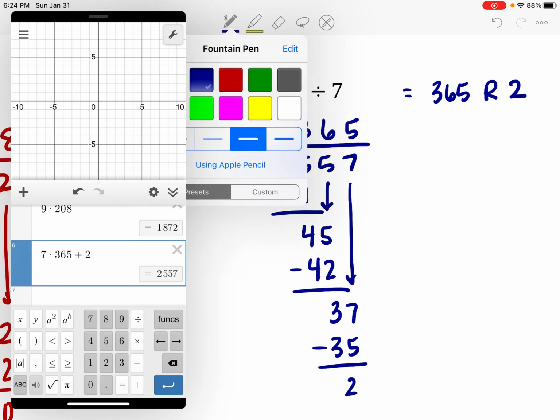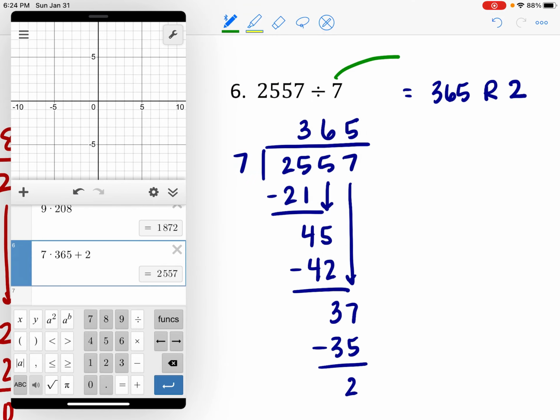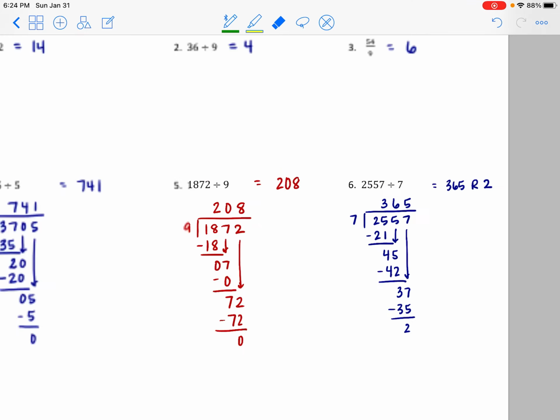Okay, that's kind of a useful thing. And the farther you go in math, the more useful it becomes.